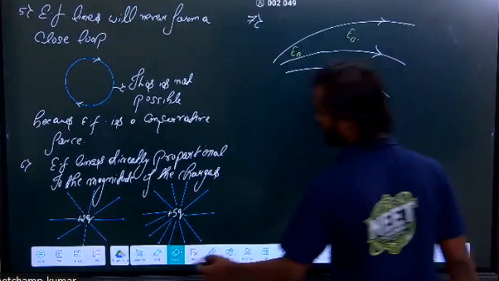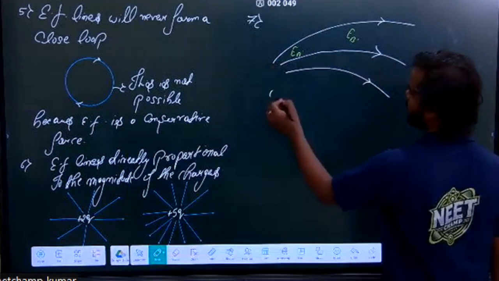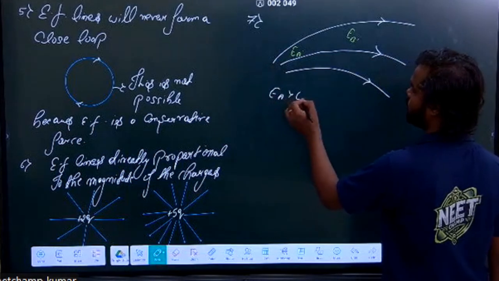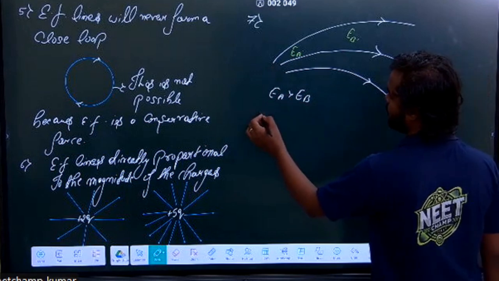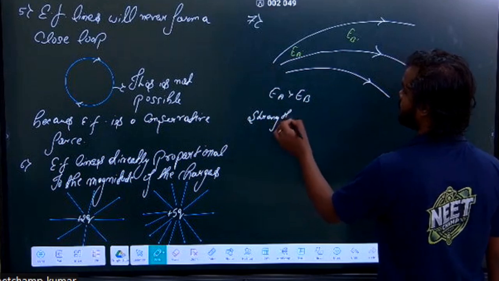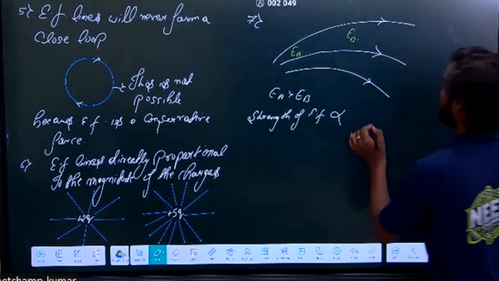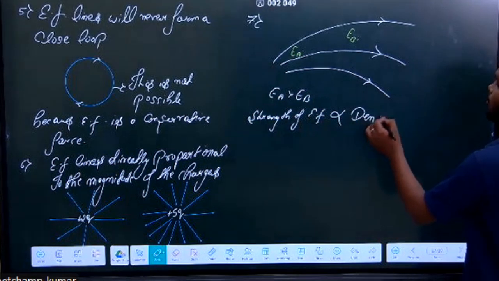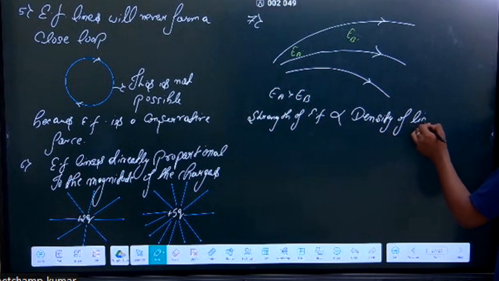What is the reason? Electric field at A is greater than B. The reason is very simple. You can say strength of electric field is directly proportional to the density of lines.